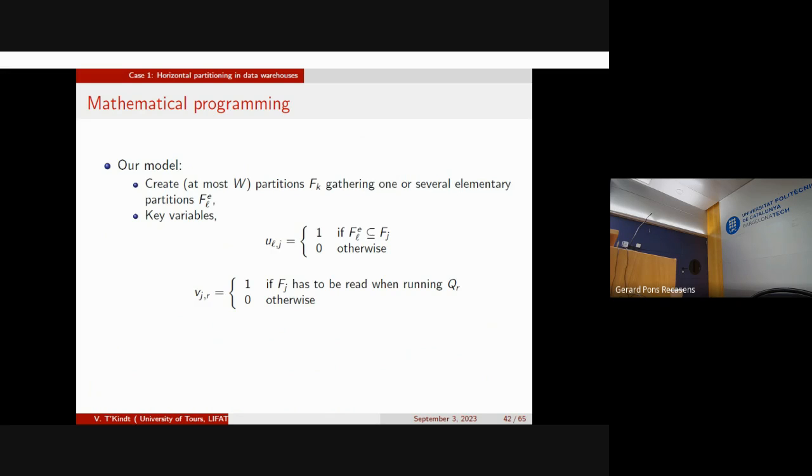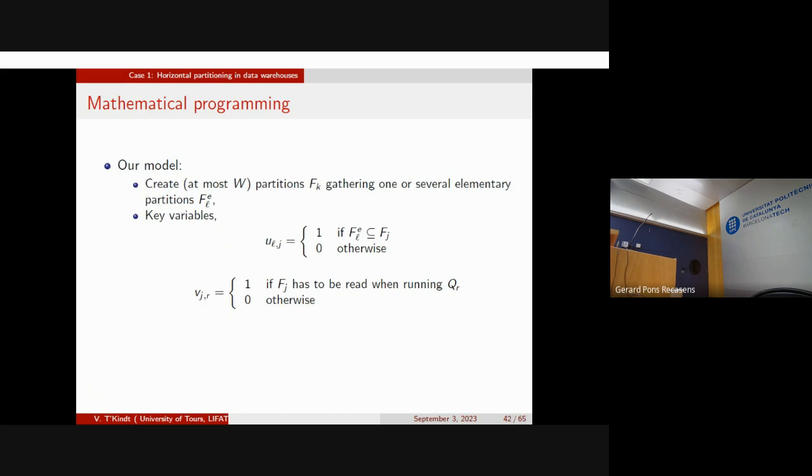The FG are the partitions I will create. I know the FLE, which is the input of my model. I built that initially, I give that to the model, and I ask the model to create the FG. ULG is equal to 1 if in the G partition I put the elementary partition FL, and 0 otherwise.